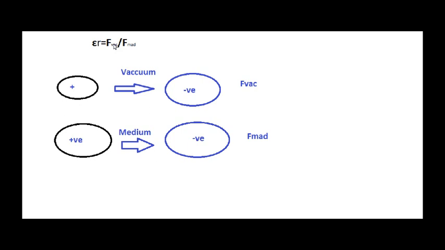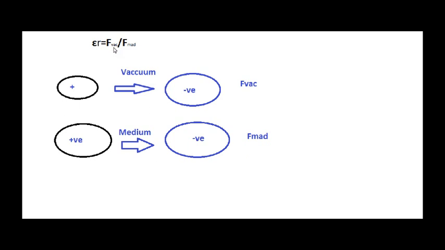So how do you know the value of epsilon r, the relative permittivity of a medium? Using this formula: place two charges first of all in a vacuum and calculate the value of force F vacuum. Then place those charges in the medium whose relative permittivity you want to know, and find the force value in the medium.